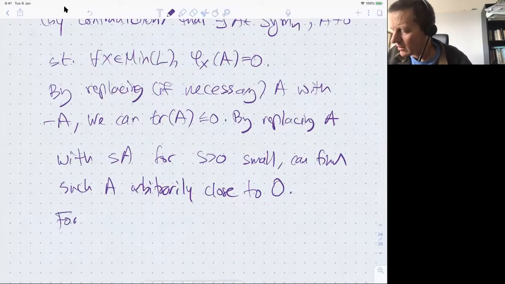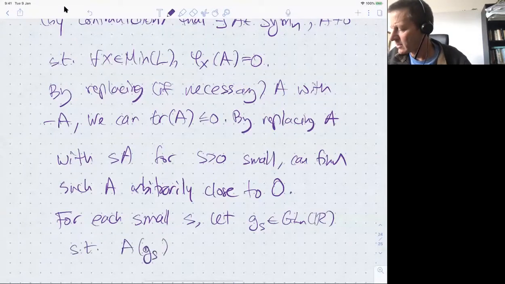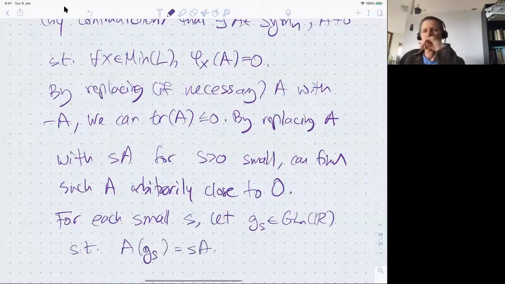For each small s, let G_s be an element of GL_n(R) such that A(G_s) is s times A.